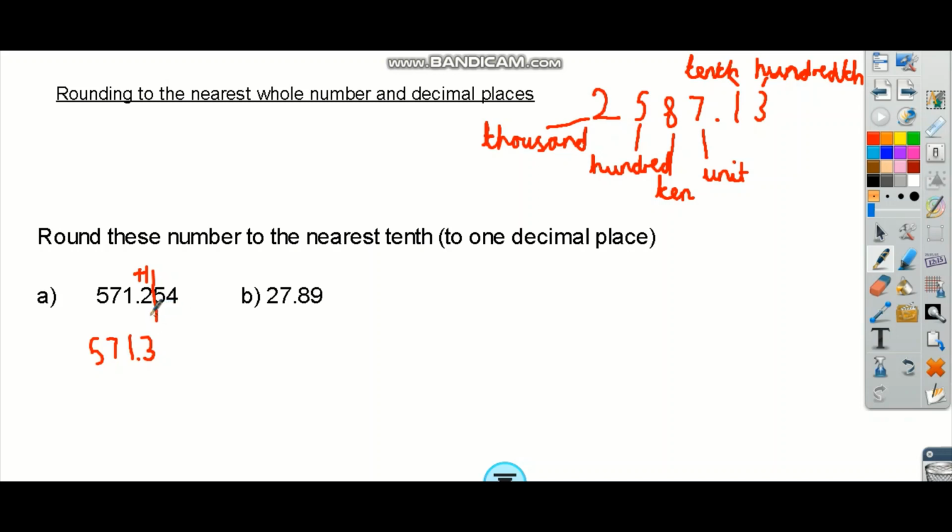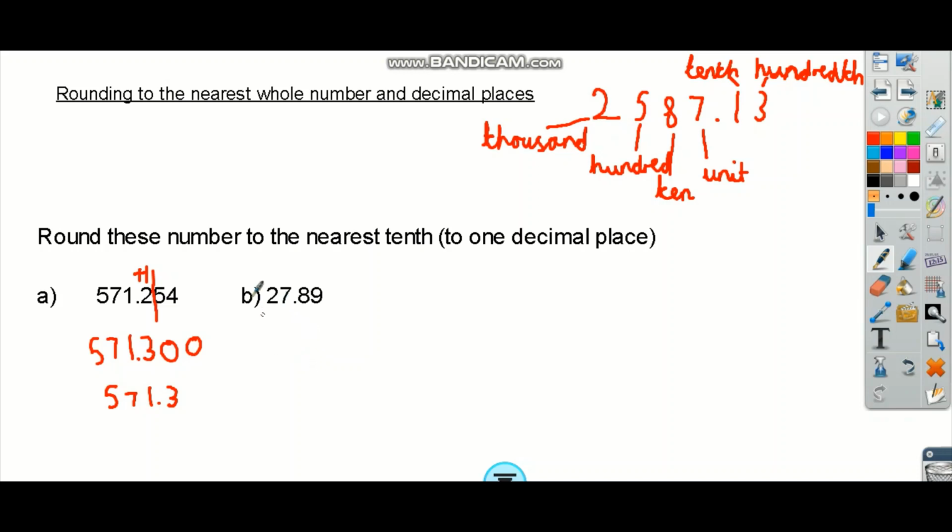We then also turn the other numbers into a 0. So the answer is 571.3. Never write the zeros down.